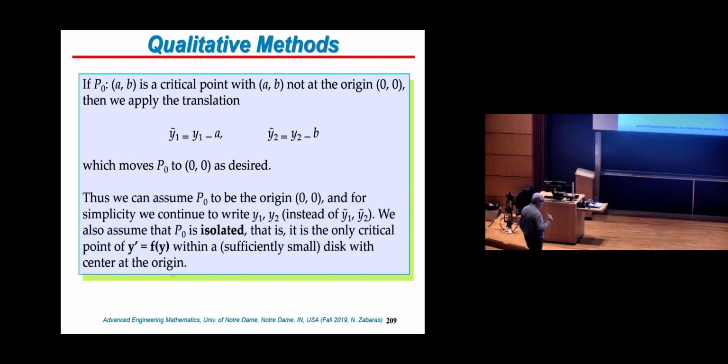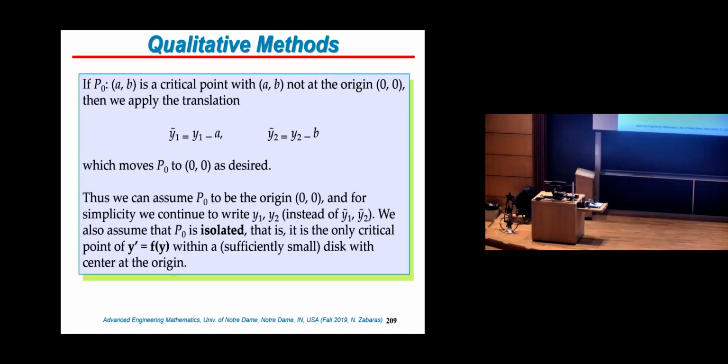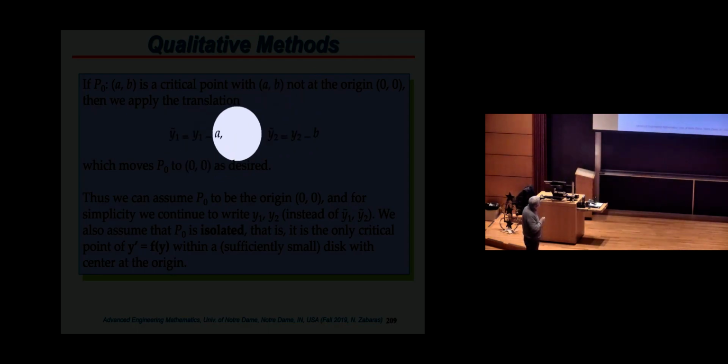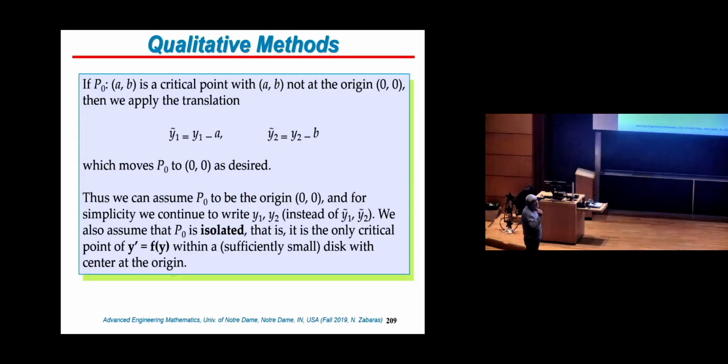So pay attention. If one of the critical points is not 0, 0, but is the point, let's say, (a, b), you can actually make the whole problem look like your critical point is 0, 0. How do you do that? By changing variables. Instead of using y1 and y2, if your critical point is (a, b), work with new variables, y1 tilde and y2 tilde, that are y1 minus a and y2 minus b.